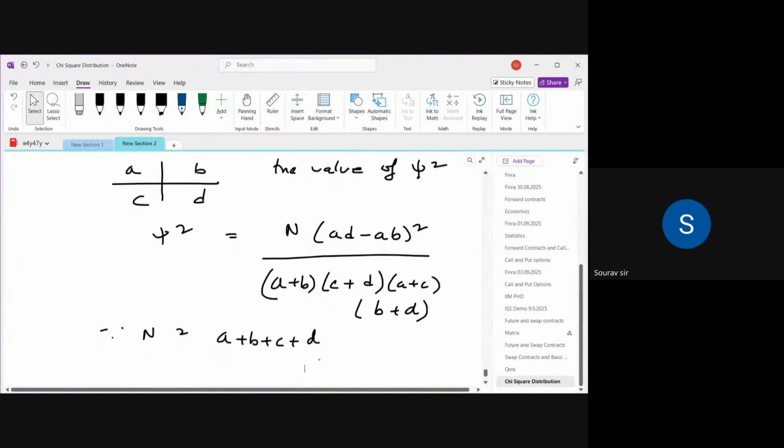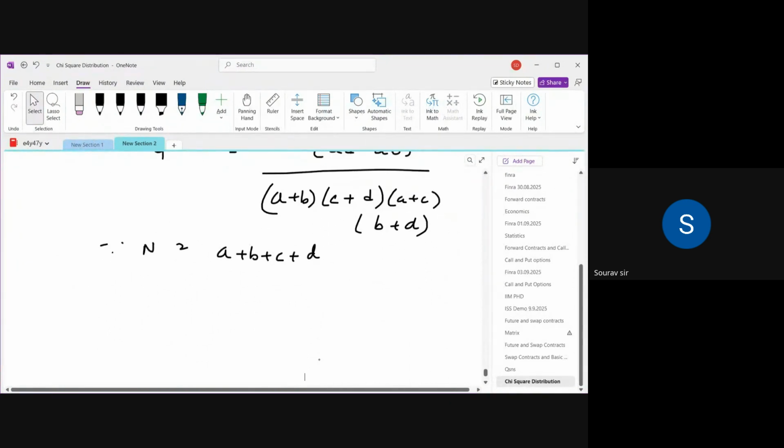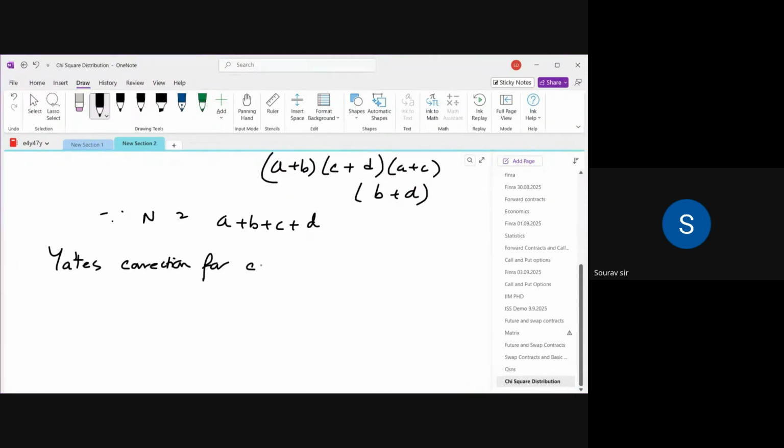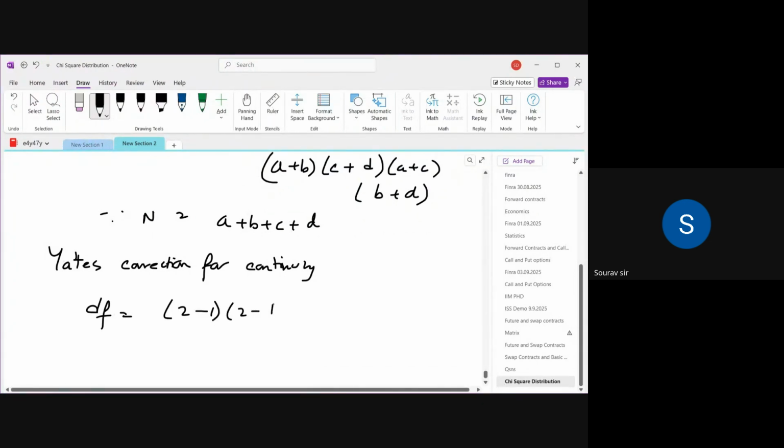Now, Yates correction for continuity is there for this. Note it down. For a 2 cross 2 contingency table, the degrees of freedom is (2 minus 1) times (2 minus 1), that is 1 cross 1, that is 1.